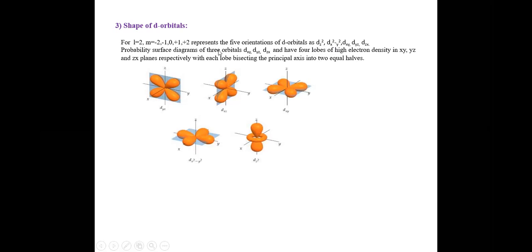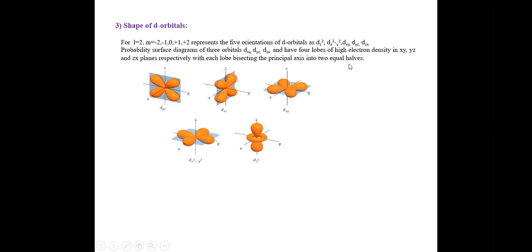Probability surface diagrams of three orbitals, that is dxy, dyz, dzx, have four lobes of high electron density in the xy, yz and zx planes respectively, with each lobe bisecting the principal axis into two equal halves.